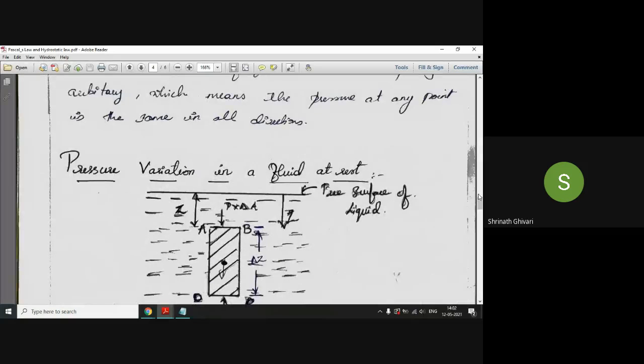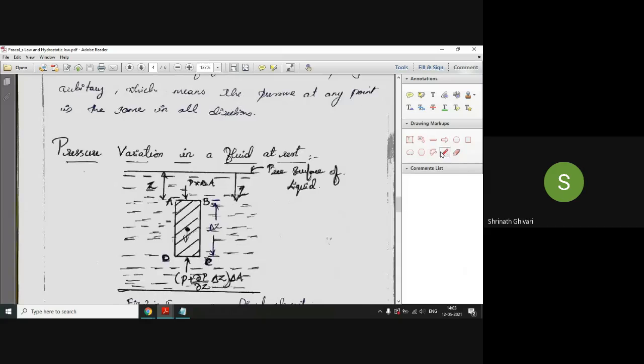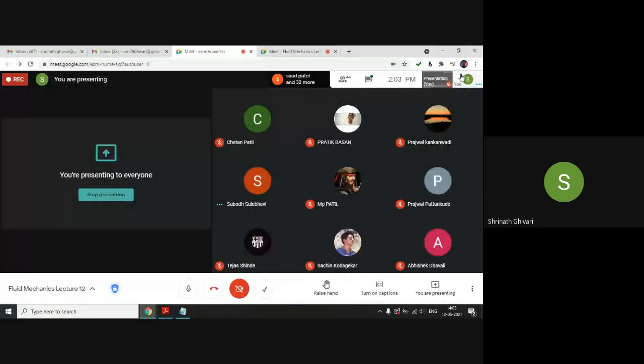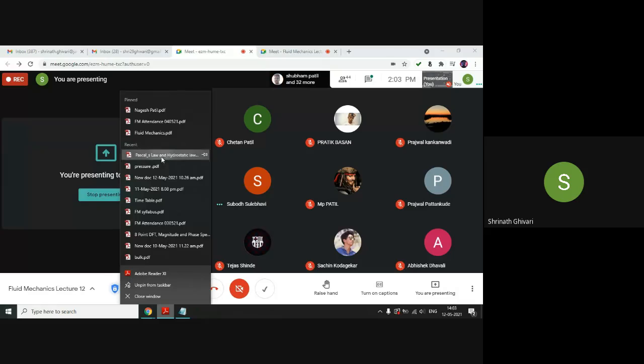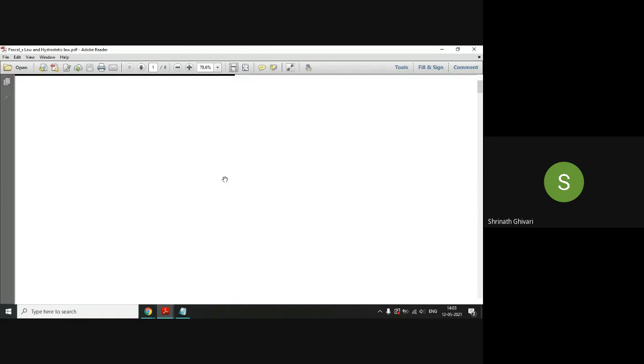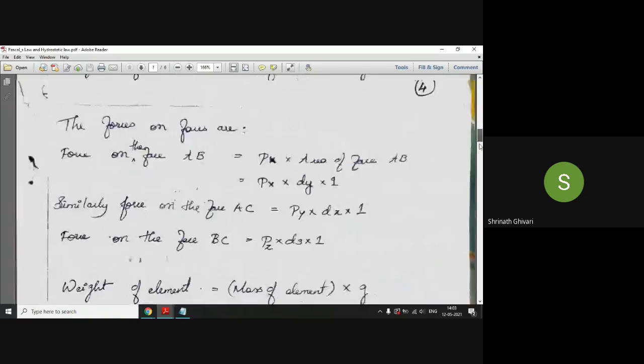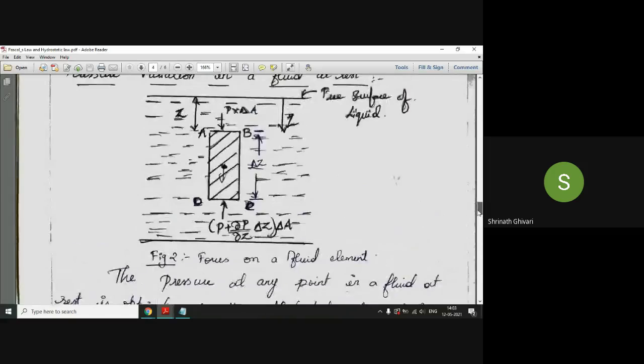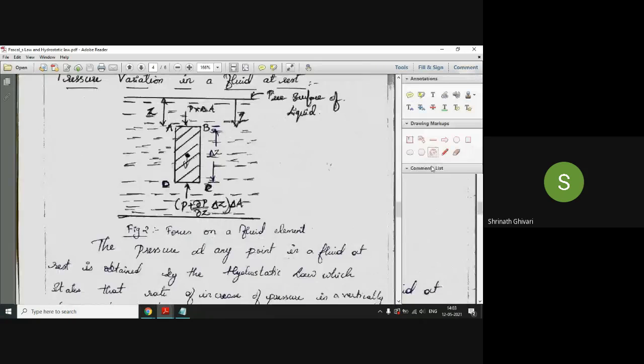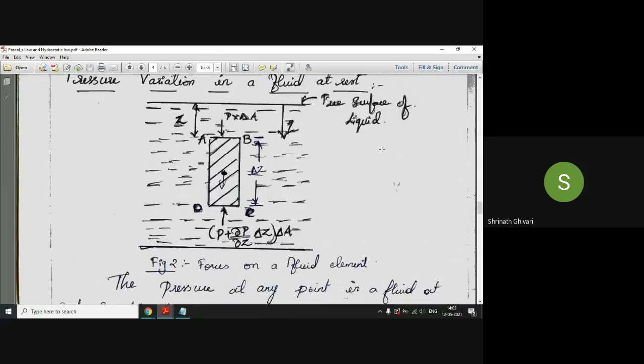This derivation is based on pressure variation in a fluid which is at rest. What is the pressure variation happening when a fluid is at rest?